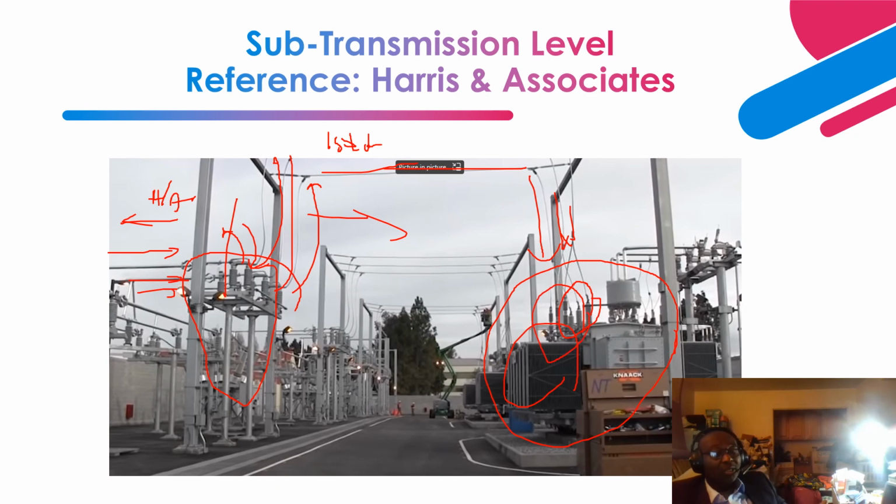I told you that, as much as we have a surge arrester at the entrance of a substation, be it a transmission level or a sub-transmission level substation, at the same time we have dedicated equipment level surge arresters.